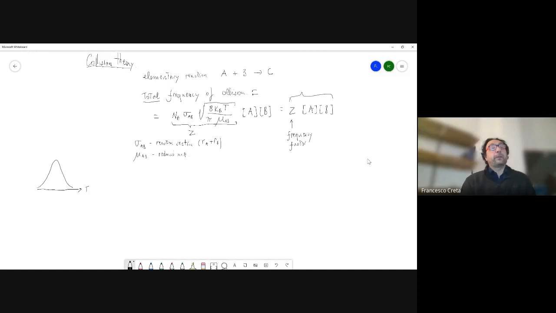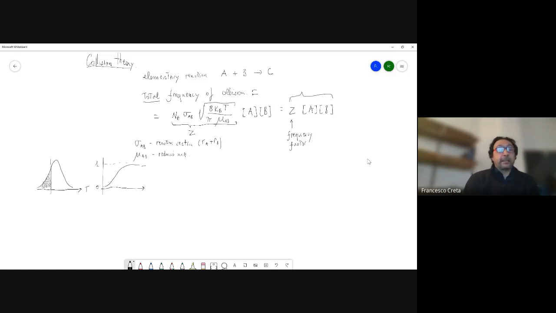So there are going to be very few molecules with very high energy and very few with very low energy, and then essentially an average kinetic energy over here. So how do I get the fraction of molecules that have energies bigger than a certain threshold? I have to integrate this function, and I get a function which is like this, between 0 and 1.